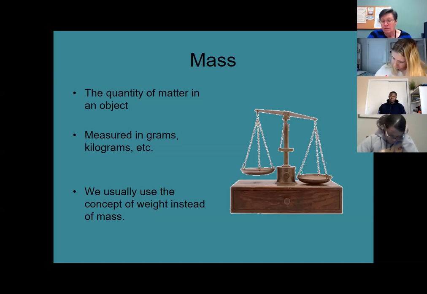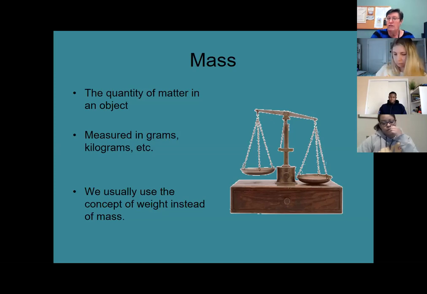Weight, however, depends on the force of gravity. So on the Earth, my 10 kilogram object would have a certain weight dependent on the Earth's force of gravity. We'll talk about that when we get to the classical physics unit.